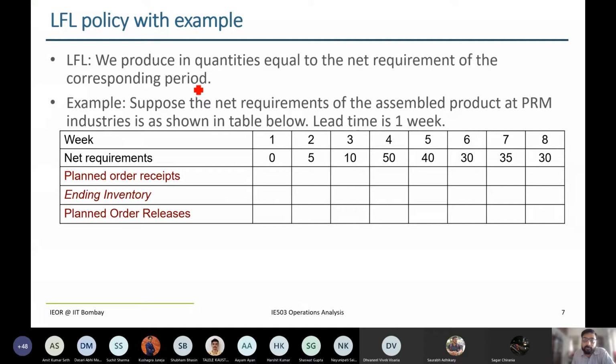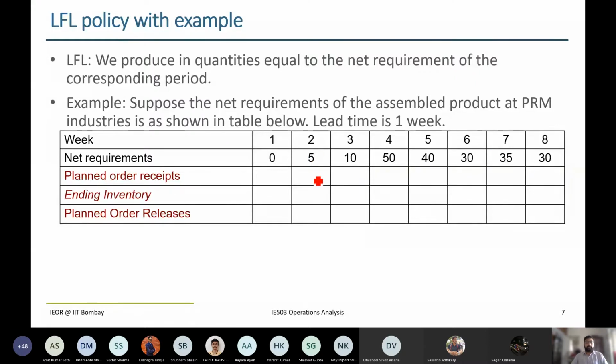Example: suppose the net requirement of the assembled products at PRM industry is shown below. The lead time is 1 week. Let us assume this is the net requirement. In week 1, there is no requirement. In week 2, there is a requirement of 5, then 10, 50, 40, 30, 35, and 30. So a total of 8 periods, starting from period number 2.